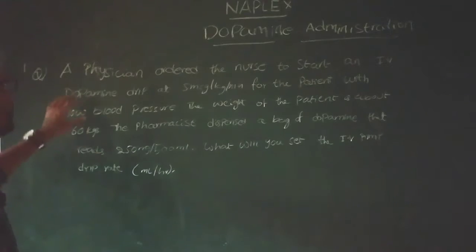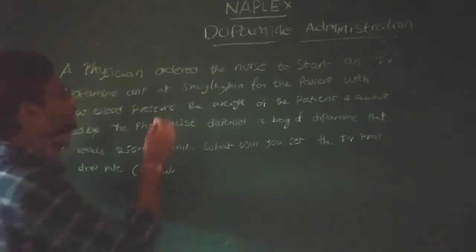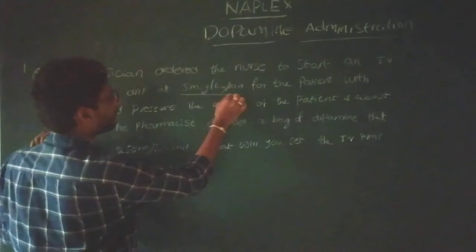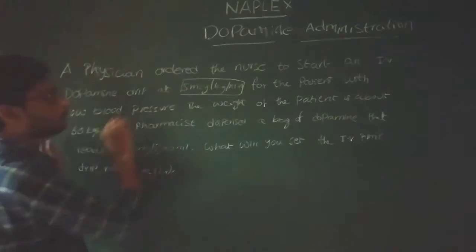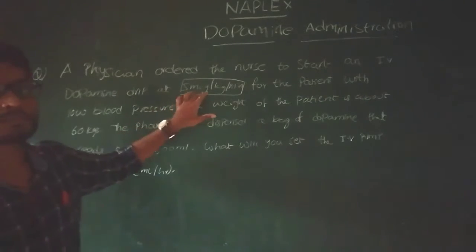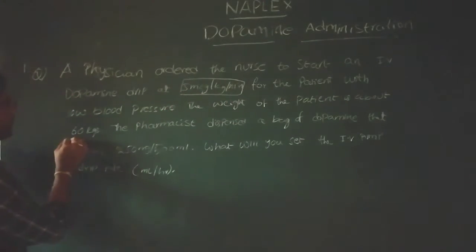So here, the order given by the physician is that you have to administer dopamine as an IV drip of about 5 micrograms per kg per minute, and the weight of the patient is 60 kgs.